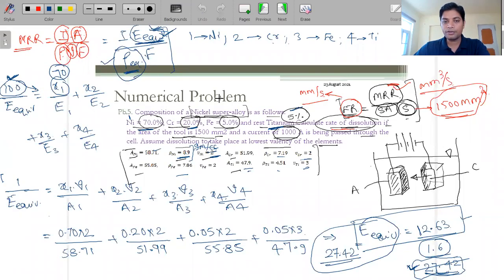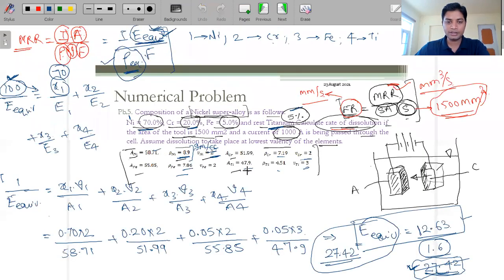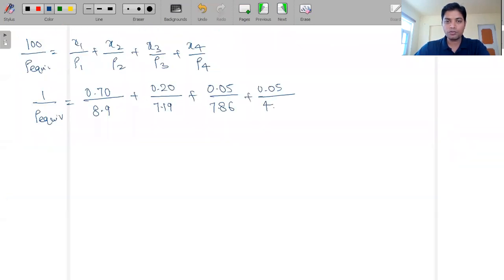Next is the iron, at 5% and density 7.86, so 0.05 upon 7.86. Plus the rest is the titanium, so 0.05 upon the density, 4.51.